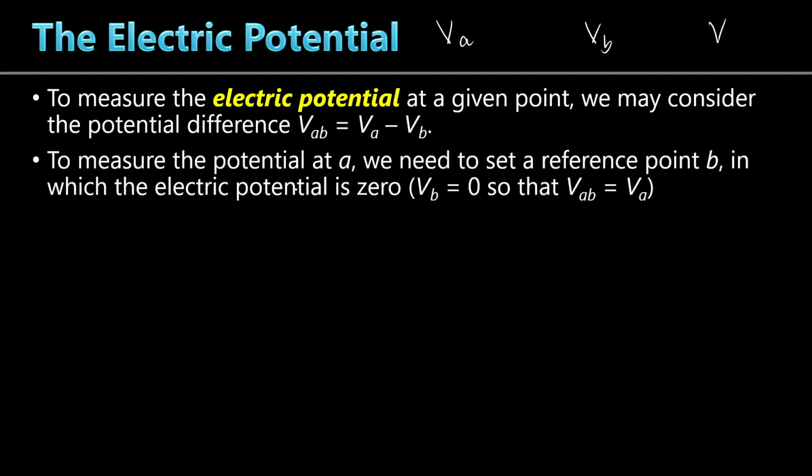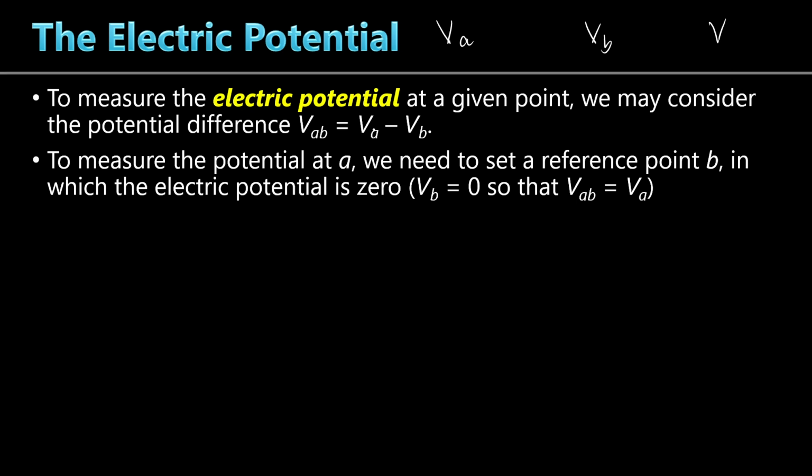So to measure the electric potential at A, we need to set a reference point, which is point B, such that at point B, the electric potential is 0. Okay? So again, para yung VAB ay maging equal na lang sa VA, which is the potential at point A, dapat ang VB na ito ay mag-0. Ano? Pag nag-0 na siya, yung VAB equal na lang sa VA, na ang nire-represent is yung electric potential at point A. So, paano natin yung gagawin?